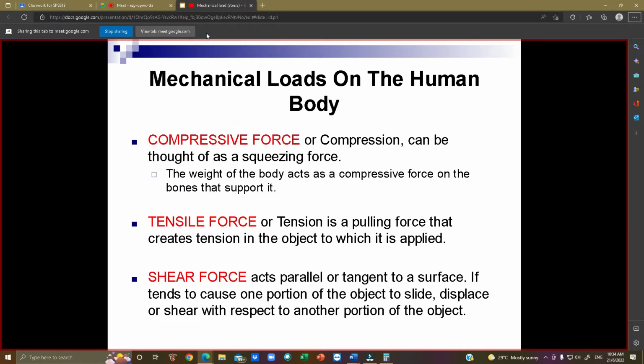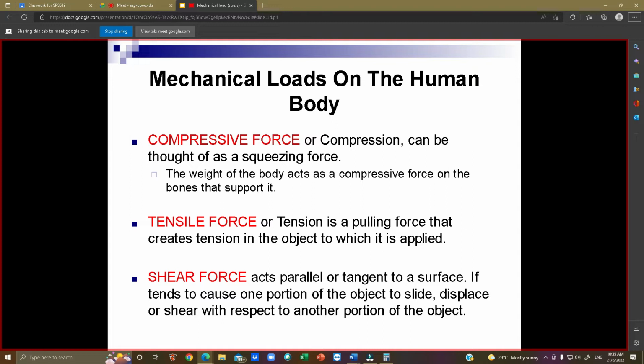So what kind of stress we may have from our mechanical load? So the first one, okay, these three, compressive, tensile, and shear, is known as principal stress. Three principal stress, maksudnya bentuk stres utama. Okay, bentuk stres asas is these three.